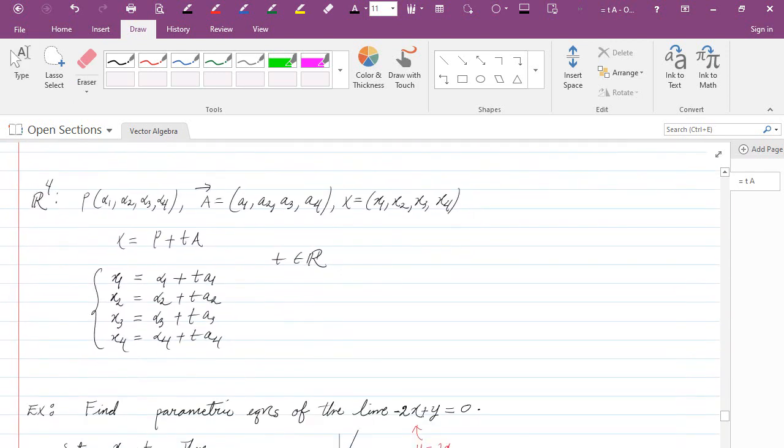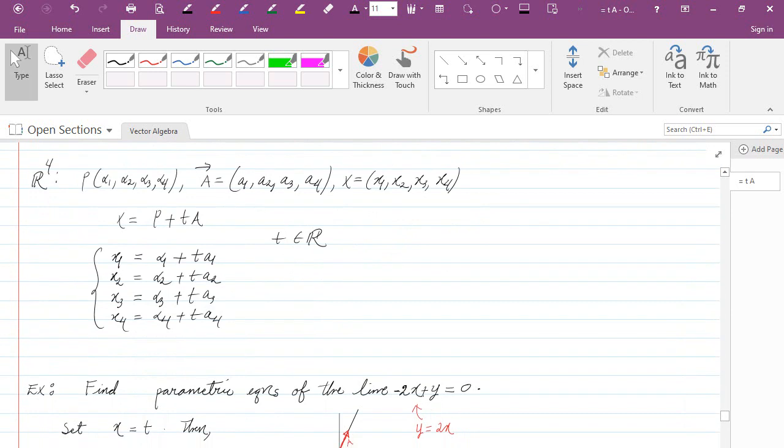Now in dimension 4, if I am given the point P with coordinates alpha 1, alpha 2, alpha 3, alpha 4, and a parallel vector A with components a1, a2, a3, a4, then what would be the equation of the line passing through P parallel to A? Well, given the arbitrary point X on the line, X would be P plus tA, where t is a real number.